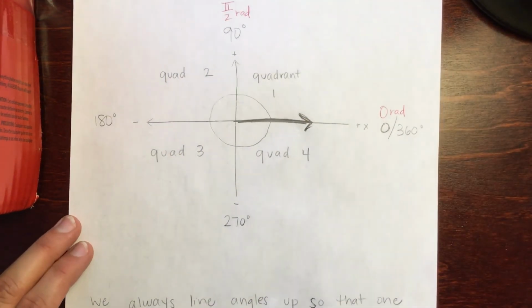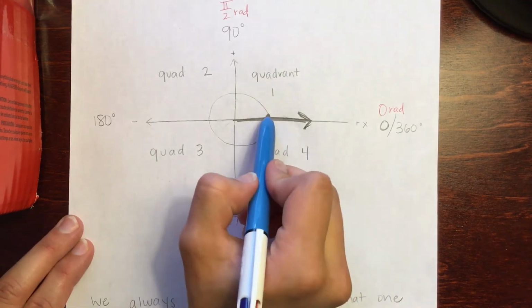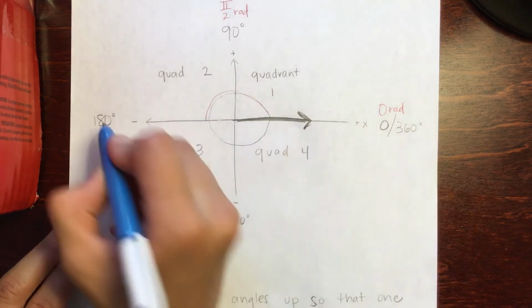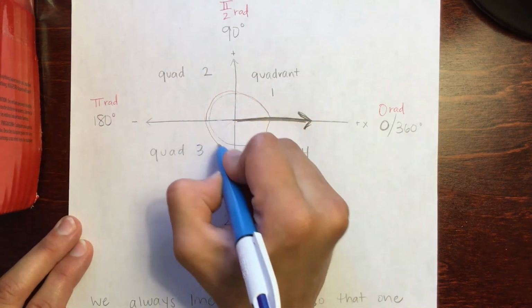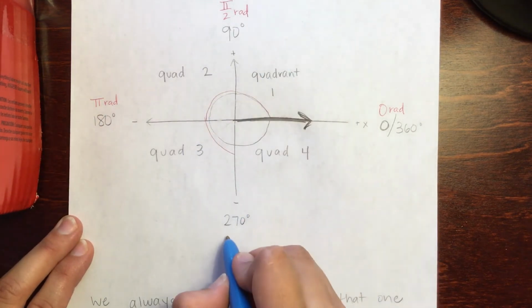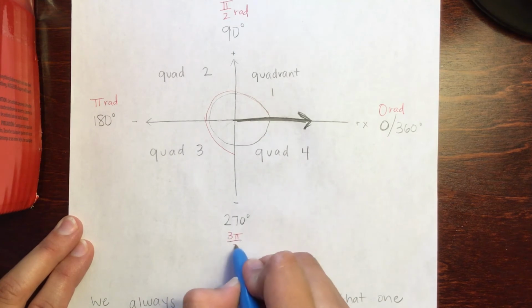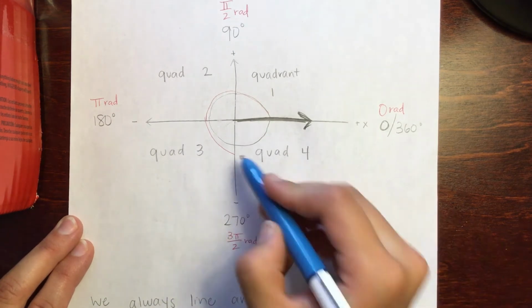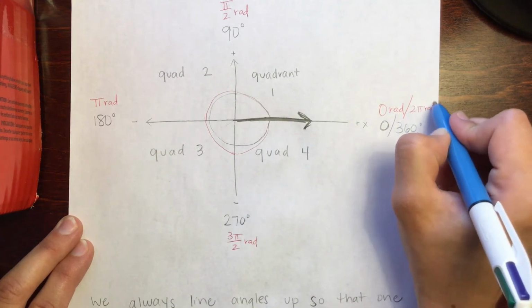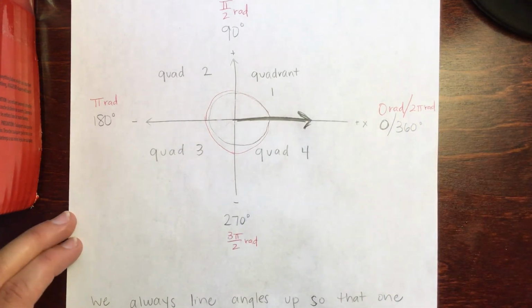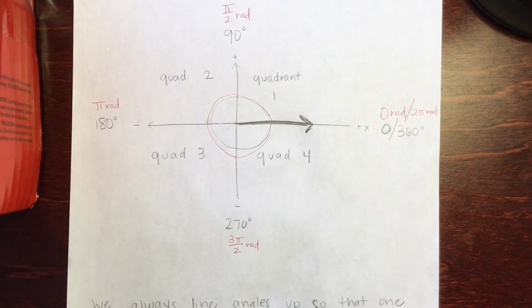So half pi. If I wanted to open straight back here instead of 180, this would be pi radians. If I continue around and curve around and open down, this would be 3 pi over 2 radians. Then if I continued my circle, I would have 2 pi radians. Remember, 2 pi radians are in a circle, and 360 degrees are in a circle.